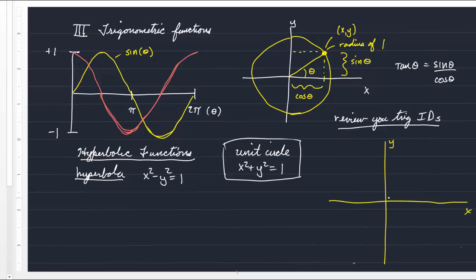And I'm also going to sketch two lines having a slope of 1, an angle of 45 degrees, because these two lines are what bound the hyperbola. And the hyperbola has intercepts at +1 and -1, and it asymptotically approaches these two lines.